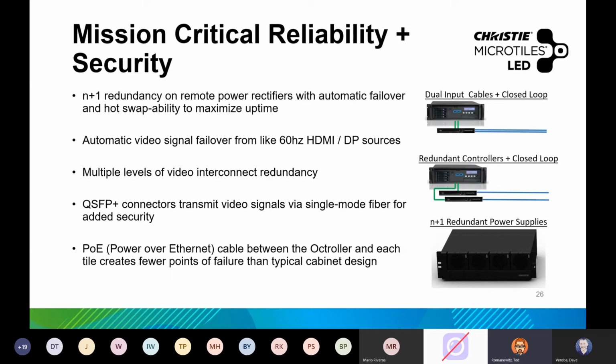Our LED controllers also have signal failover from either 60 hertz HDMI or DisplayPort interfaces, and multiple levels of redundancies, which I'll talk about on the next slide. The QSFP active fiber connectivity is a very robust signal, and also provides security, again, critical to military and government customers. So let's go to the next slide.